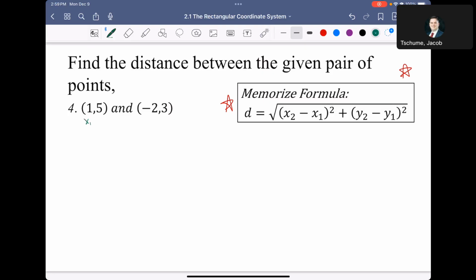Just like the last problem, I'm going to label my points in a very similar way. My first point, I'm going to let that be x1, y1. And my second point, I'm going to let that be x2, y2. And then I'm going to plug these 4 numbers into my distance formula.